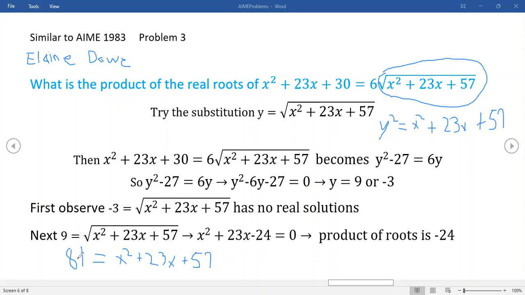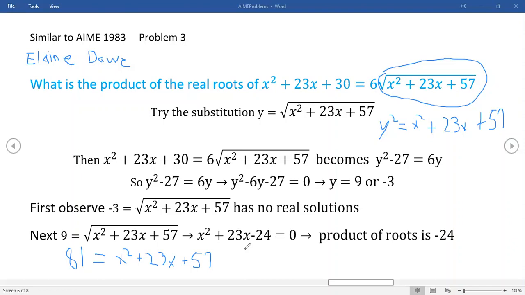If you subtract 81 from 57, you get negative 24. And so by inspection, without knowing what the actual real roots are, we know that their product has to be negative 24. Okay, some people call that Vieta's, but you really don't have to mess with that.